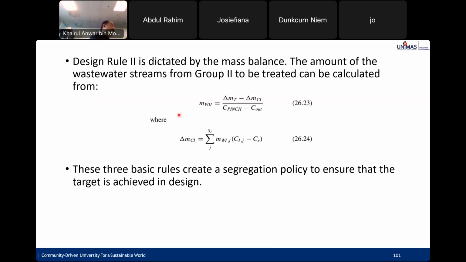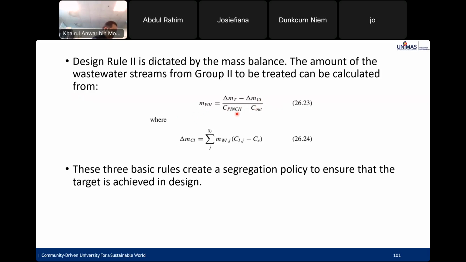So MW2, the flow rate for group 2, is equal to delta MP minus delta MCI, over C pinch minus C out.